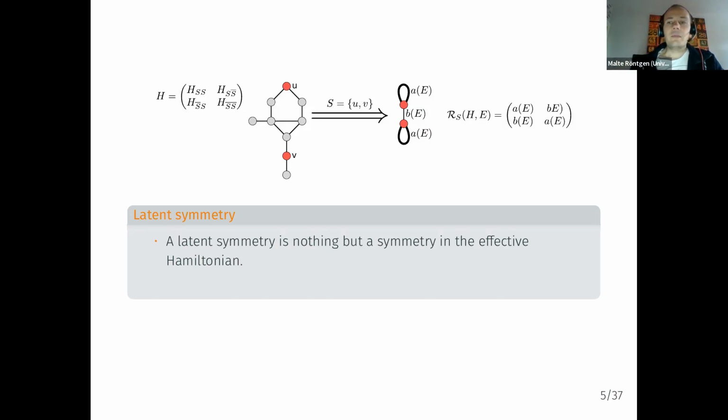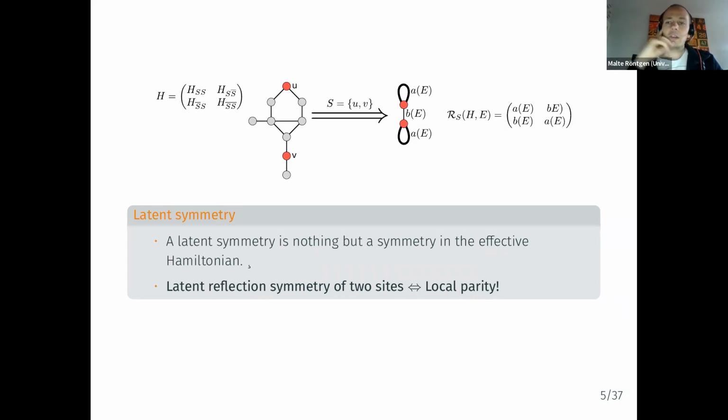And what is very interesting, it can be easily shown, though details will not be given here, that if you have a latent reflection symmetry of two sides, such as we have here for U and V, then this is really equivalent to the statement that all eigenstates of the underlying Hamiltonian will have local parity on those two sides.